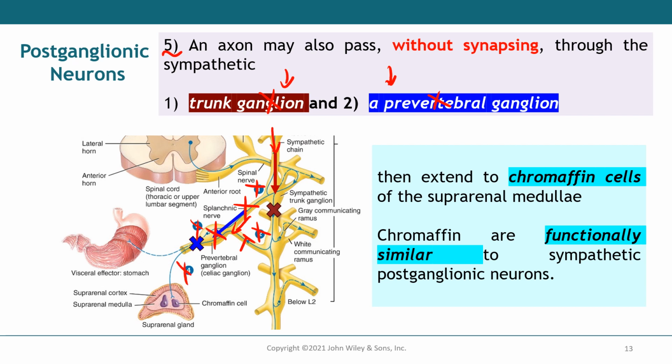What it's going to find are these chromaffin cells that are located in the suprarenal glands, and those chromaffin cells are functionally similar to the sympathetic postganglionic neurons, and there is where the synapse is going to occur.